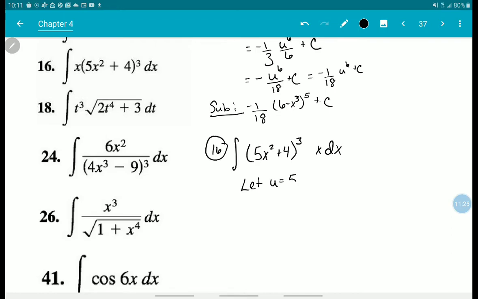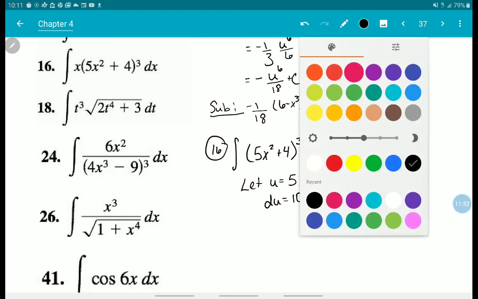And you may want to pause the video and try a few of these on your own and then check your answers. U is going to be that inside, 5x squared plus 4. Du is the derivative of that, which is 10x. And we need to show what we took the derivative with respect to. So we took the derivative with respect to x, so we have to put that dx there.